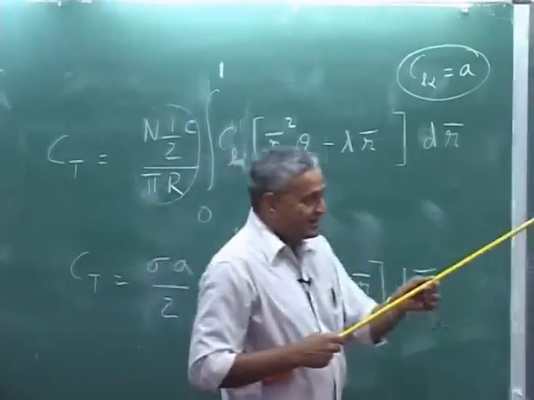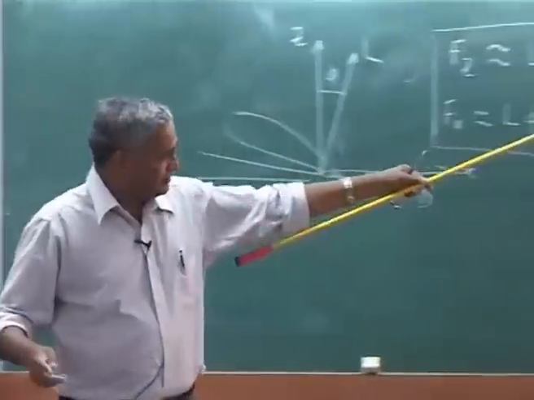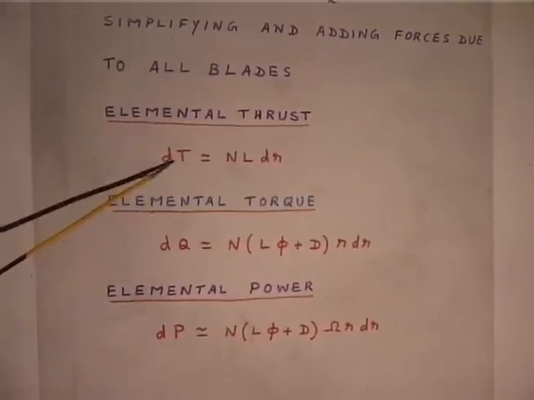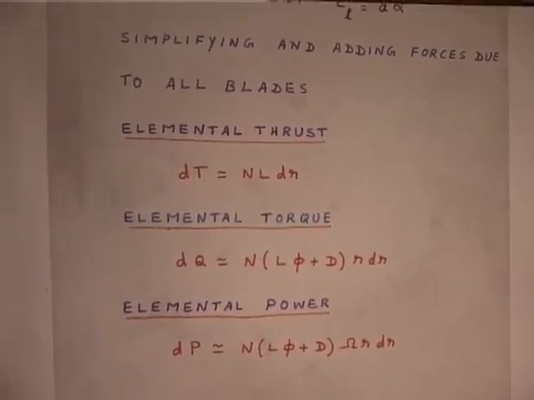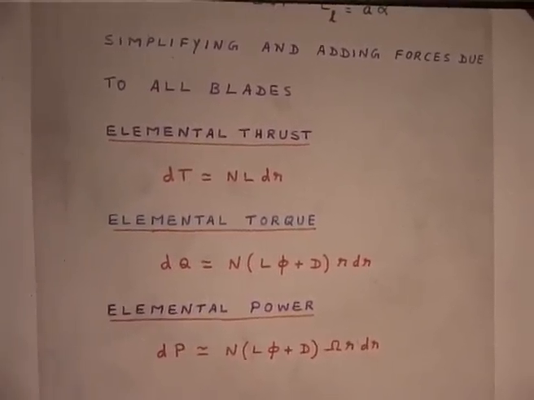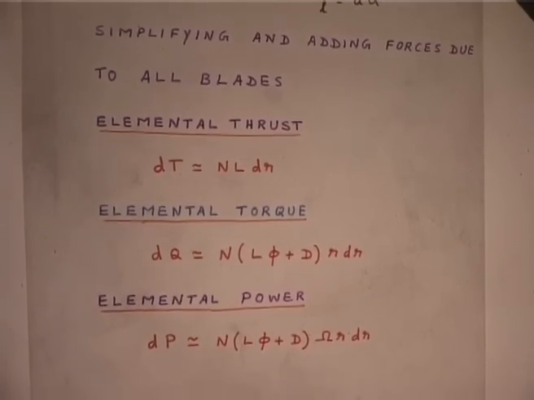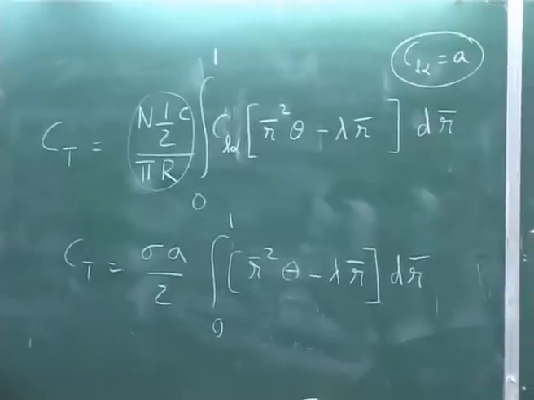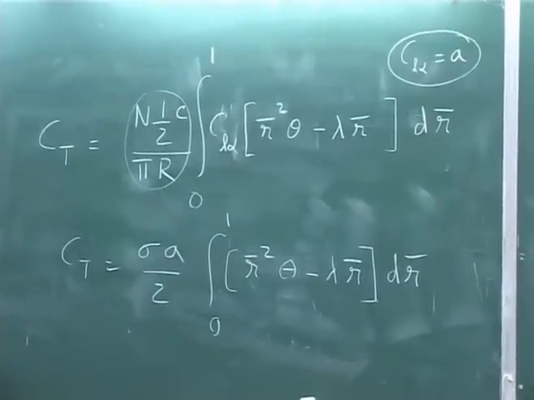If I integrate the dT over r, this is the thrust that is normalized, I get this expression, okay. Now, how is my theta varying along the blade?